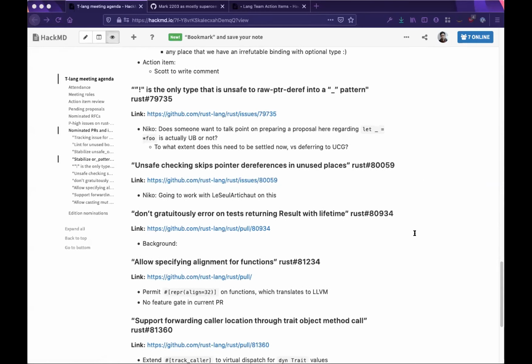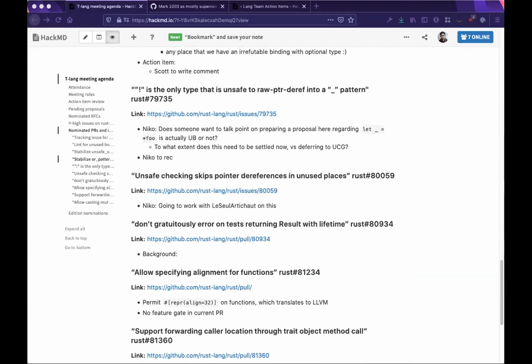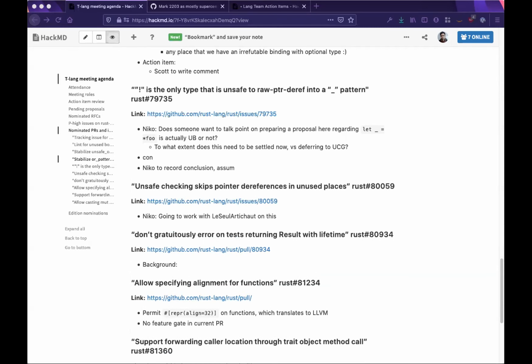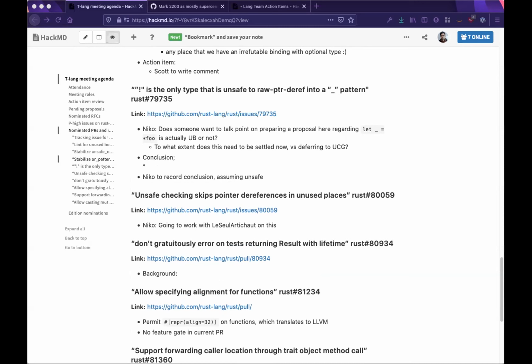I mean, it's a little weird. We're delegating to UCG here when we don't require the unsafe block yet, which is the hard part. I'm just saying, are we assuming that an unsafe block is going to be required there, perhaps with a backwards compatibility warning, or is that totally orthogonal to this conversation? I am assuming it will be. Okay, then I'm fine with deferring to UCG if that's the case.